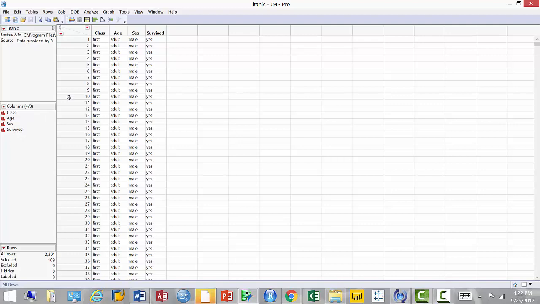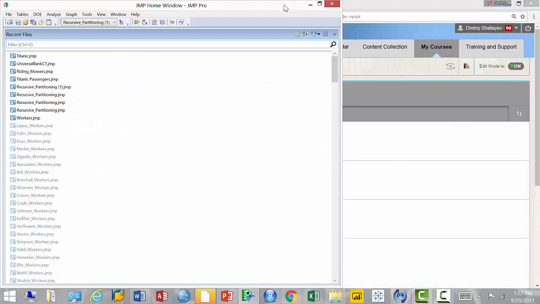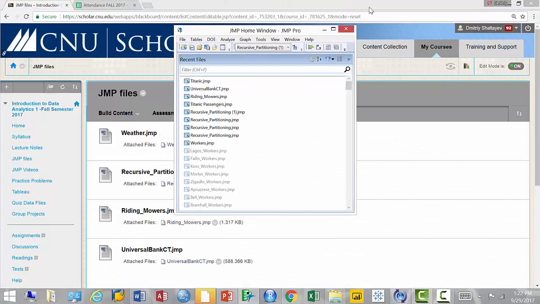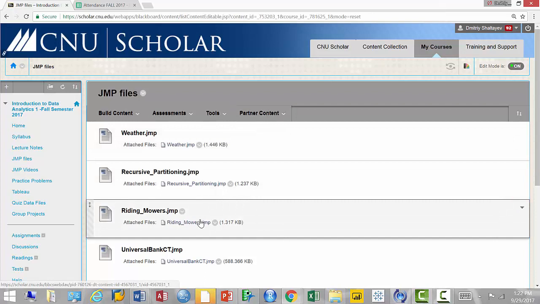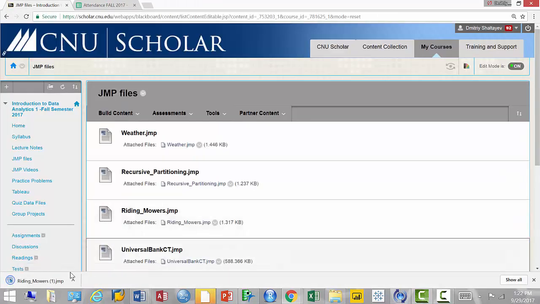Let me illustrate it with an example. So let's close that file out, okay? And let's go to Scholar. And over there I uploaded the file called Riding Mowers. Download the file. It's a very small file as well. I told you that we're going to be doing small data in this class, right?